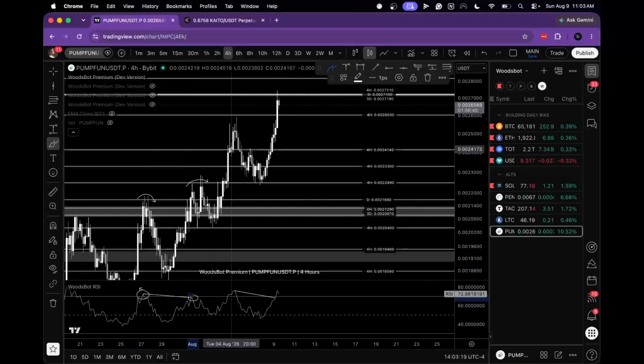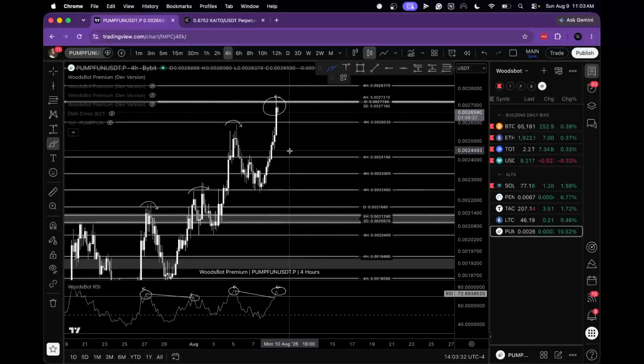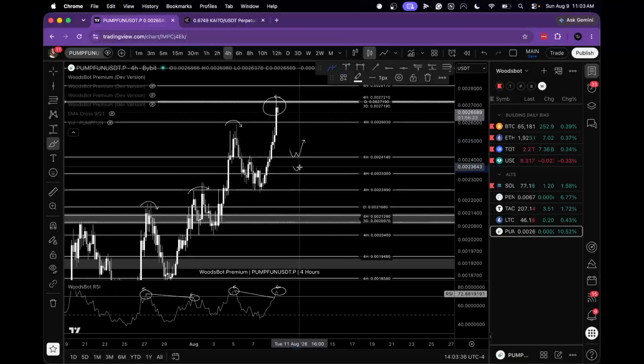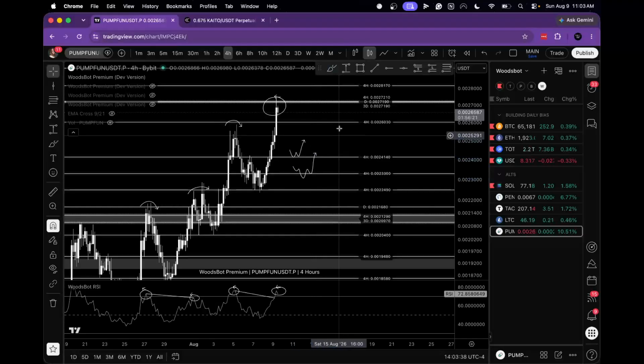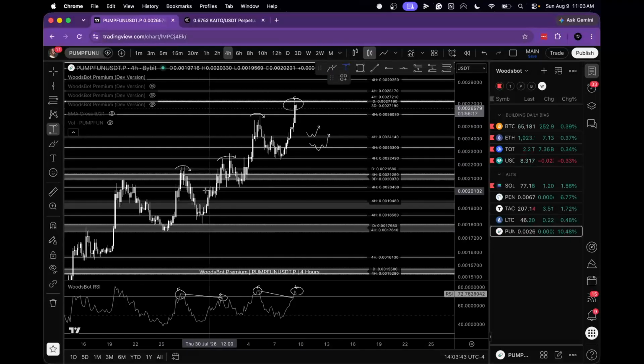We get a nice pullback. This area here, ideally a pullback into here or here would be fantastic. Now, do we get that? I don't know. It does give pretty healthy pullbacks each time.